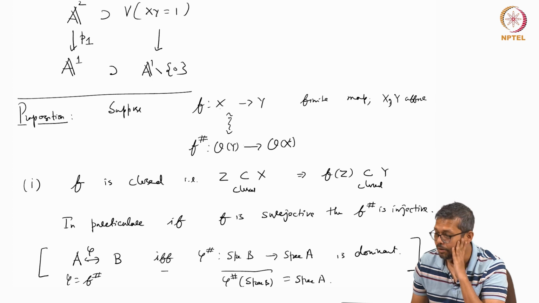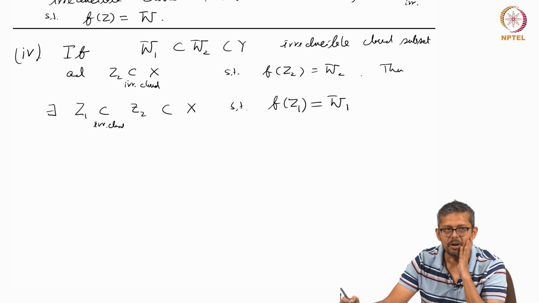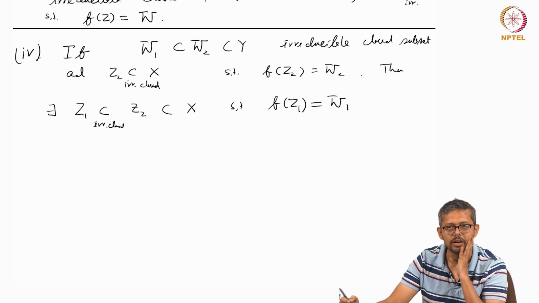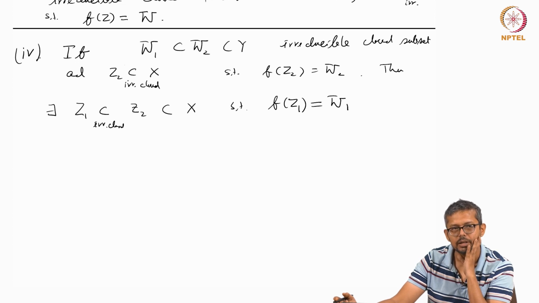Next, there is something called proper or complete. I don't know whether you have seen it; it is an analog of compact. The inverse image of a compact is compact.